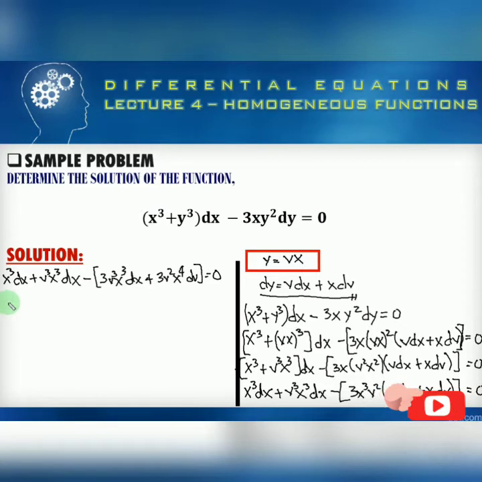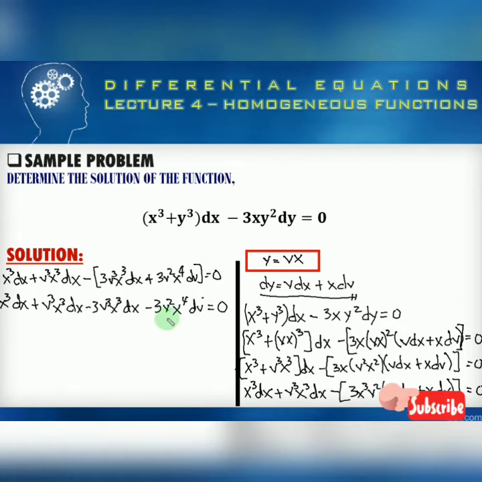So we distribute this one here, so we have here x cubed dx plus b cubed x cubed dx, distribute the negative, minus 3b cubed x cubed dx, again minus, negative times positive is negative, so this is 3b squared x to the fourth db. So this is equal to 0.